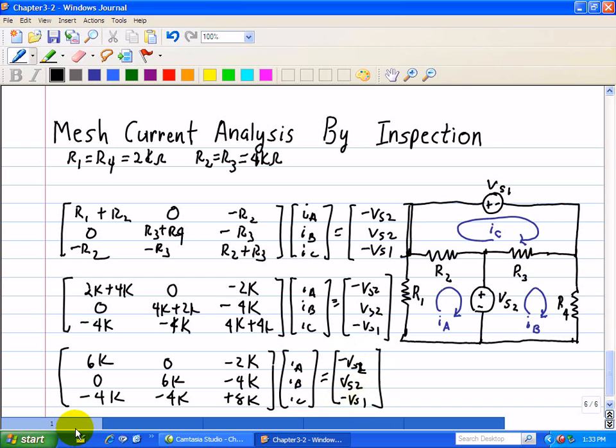And that completes this analysis in terms of describing the circuit in terms of the mesh currents.